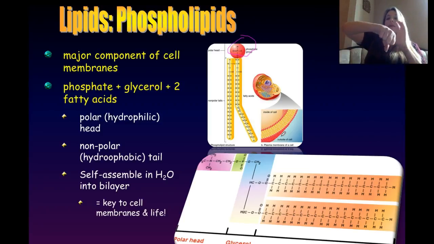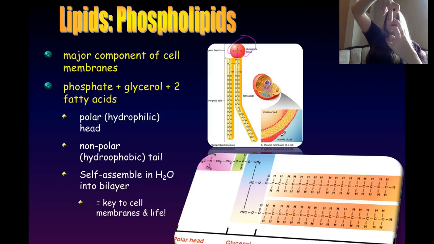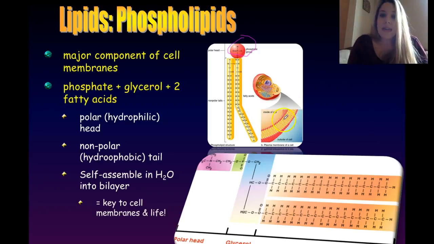So imagine my wrist was the phosphate head, and I have my 2 fatty acid chains here, which are hydrophobic. You'll end up getting a configuration like this, where one has the polar head facing the external environment, and the other one has the polar head facing the inside of the cell. And so that's how this thing forms the cell membrane that goes all around the cell. So more about that later.